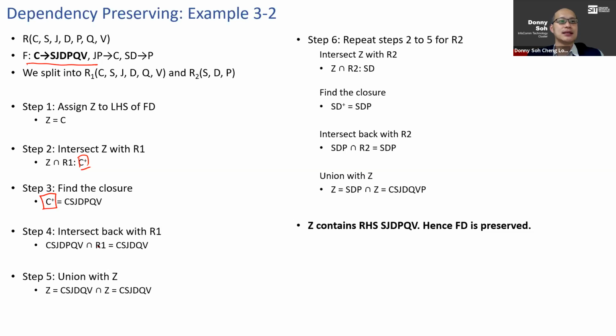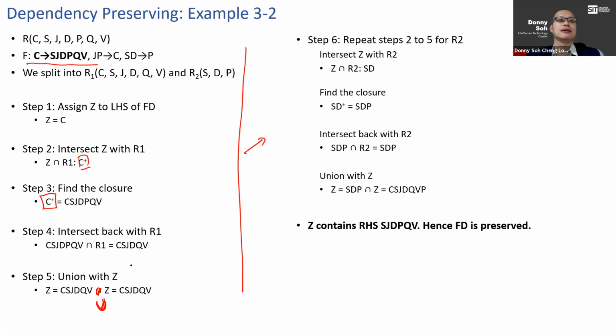I intersect it with R1 to get this. And then finally, I union it back with my Z. So CSJDQV. Okay, so this is the first part, and then I'll try with the second part.